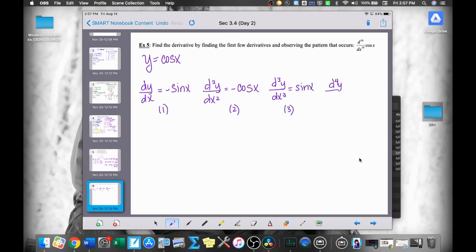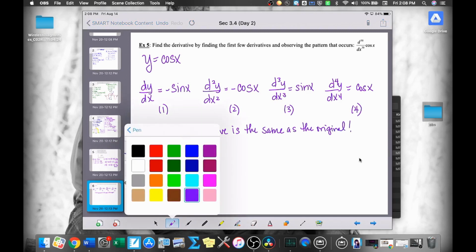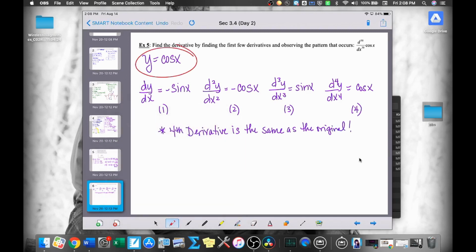And the fourth derivative is the derivative of sine x, which is cosine x. And that is what we started with. So basically, the fourth derivative is the same as the original function. Here's our original.